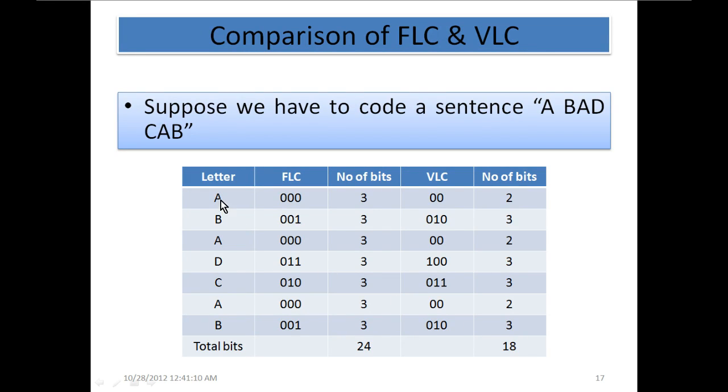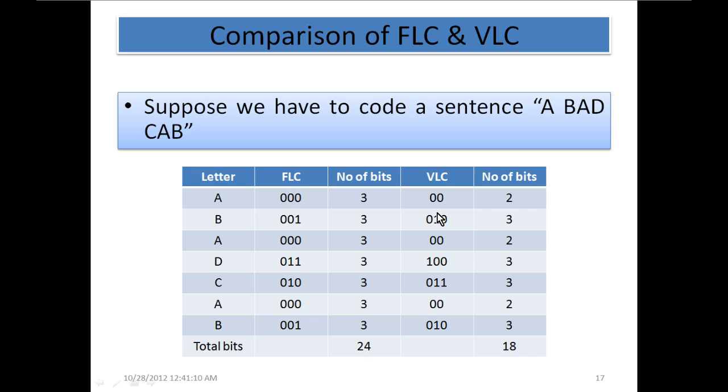Although the probability is different for all these letters, A has higher probability and B has lower probability, and C and D also have lower probability, suppose we assign an equal number of bits to them, that is 3 bits for each, without considering the probability of the letter. In that case, the total number of bits is 24.